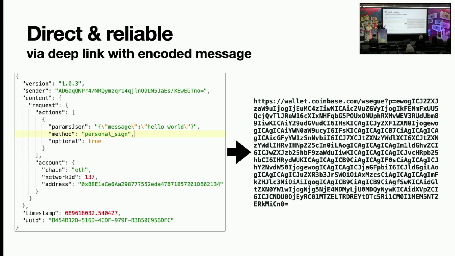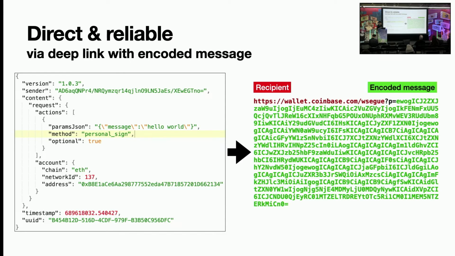For example, here is an example message. It has an identifier of your app as the sender, and it has some content with requests, JSON RPC calls, and some metadata. MWP encodes this data into a string and appends it to the deep link URL of the recipient. So that's it. Problem solved.